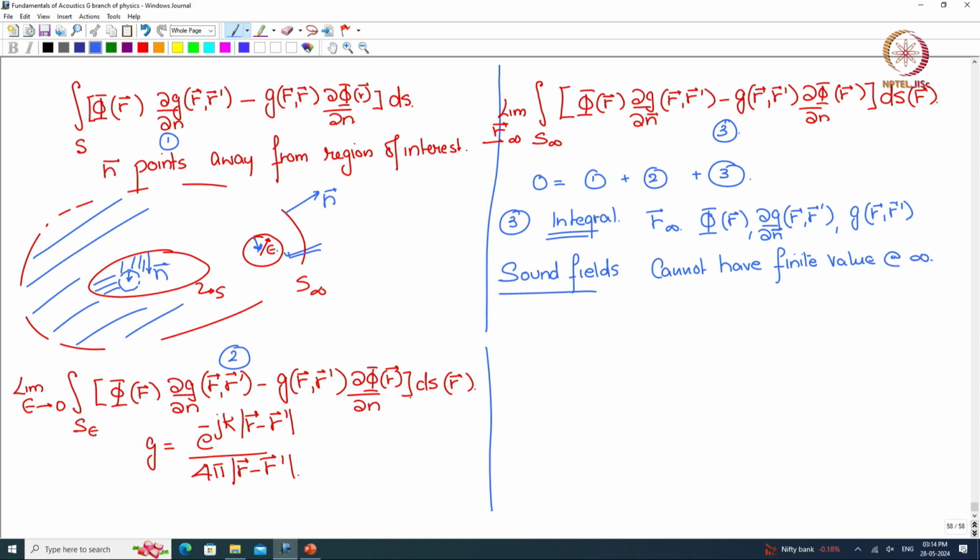There would be something wrong if that was; even an atomic explosion here cannot render these sound fields have a finite value at infinity. So they will decay away. Everything is bounded energy, they will decay away.